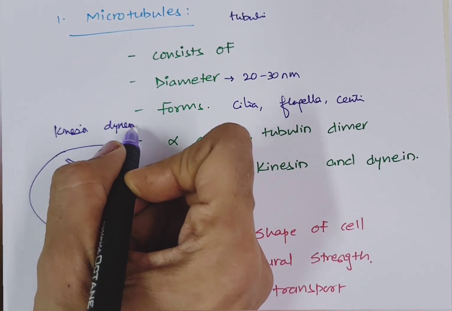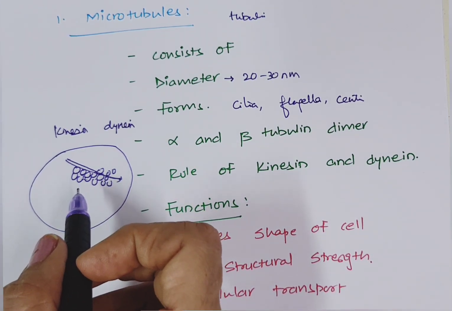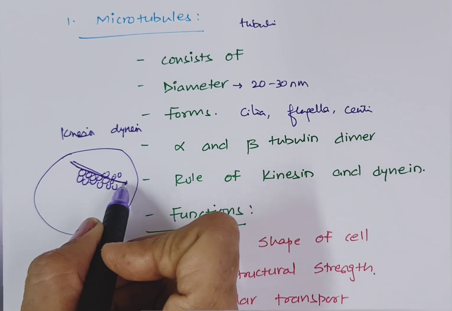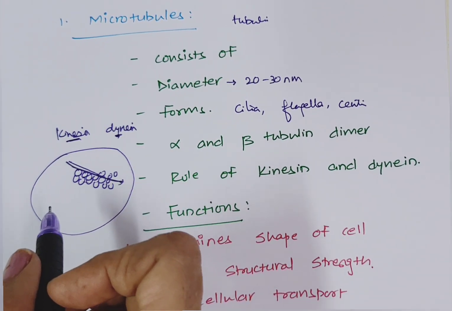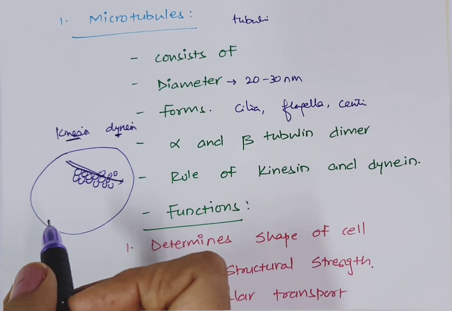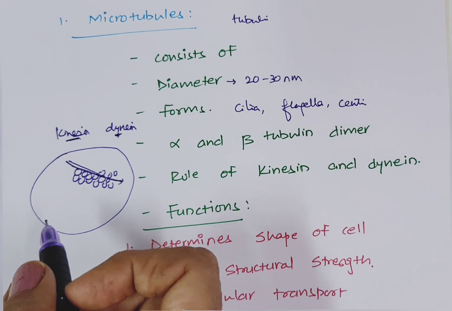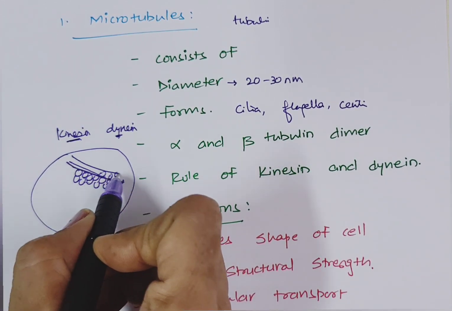Now what are kinesin and dynein? You can see these microtubules act as a track. If we have a railway track, the goods will pass on it, but for movement we require an engine also. So the movement is driven by the motor proteins, kinesin and dynein. Kinesin causes transport from the center of the cell towards the periphery.